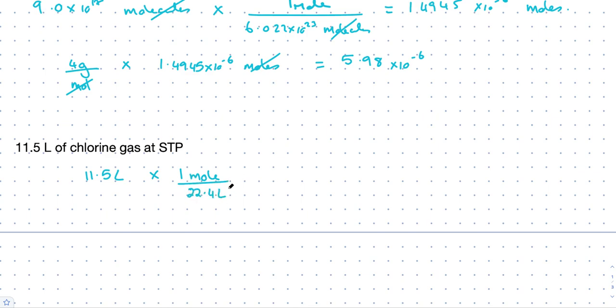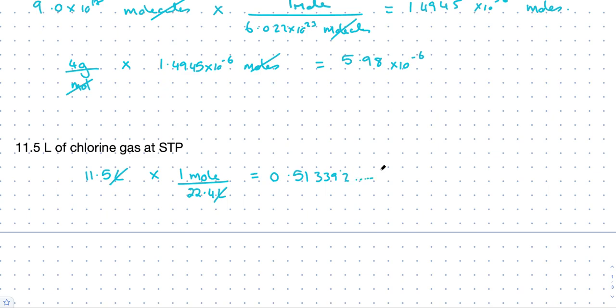So the litres will drop out, and then I'll be left with 11.5 divided by 22.4, and what I'm going to get is 0.513392 recurring, and it keeps going.